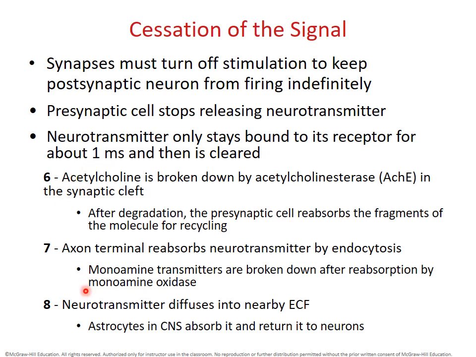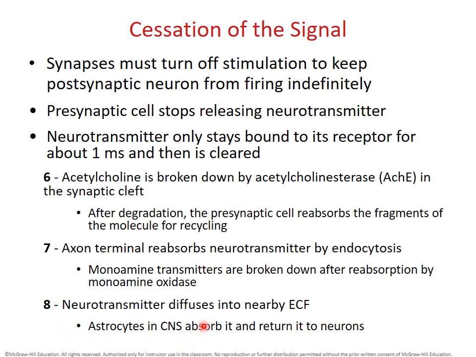In the central nervous system, remember, this tissue space is surrounded by astrocytes, which are primarily responsible for maintaining a proper environment for neurons. And so the astrocytes will absorb these neurotransmitter molecules that diffuse out of the cleft and again return them to the neurons so that they're not wasted.